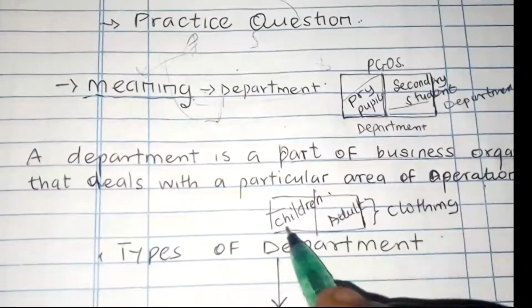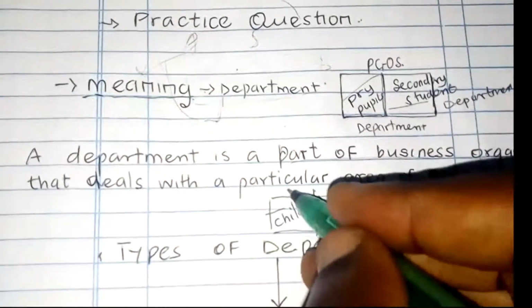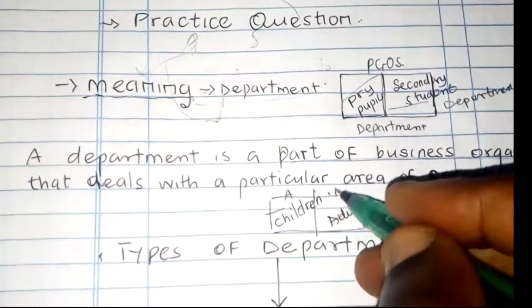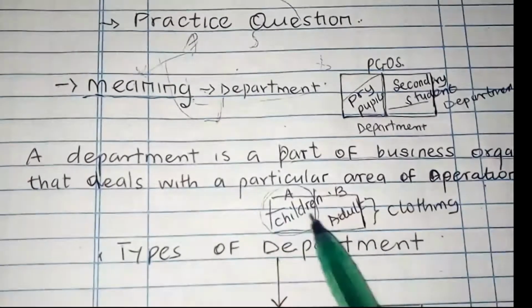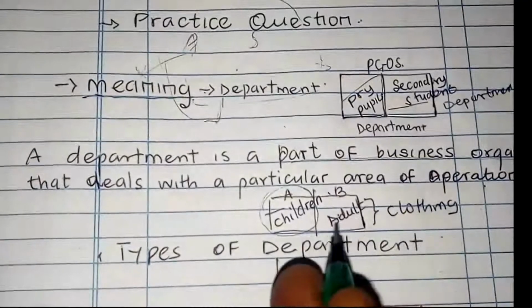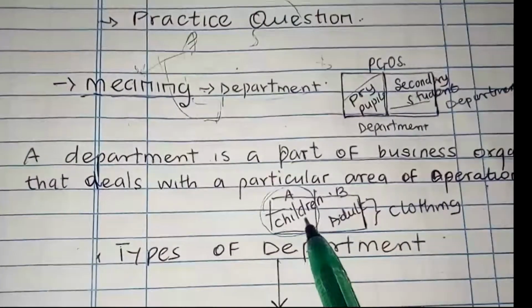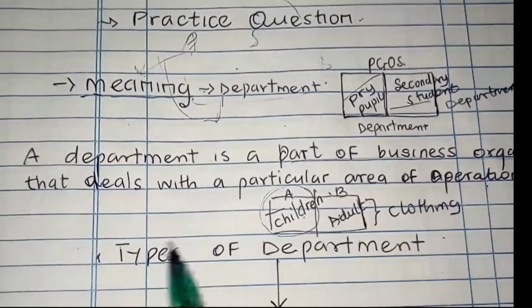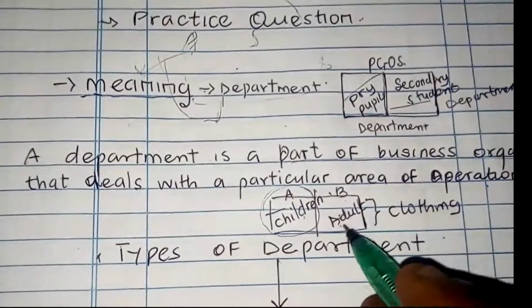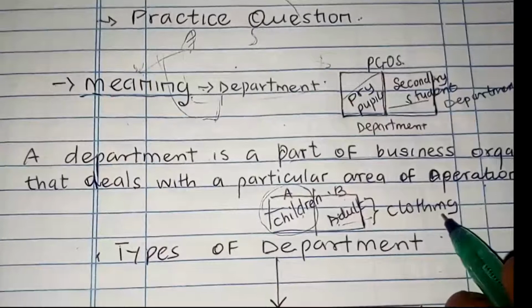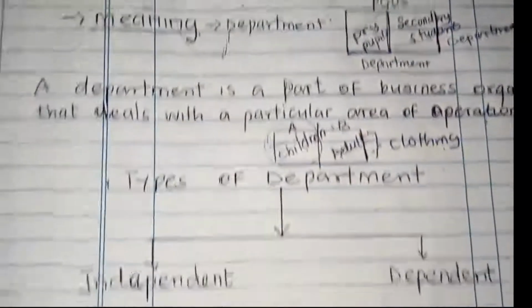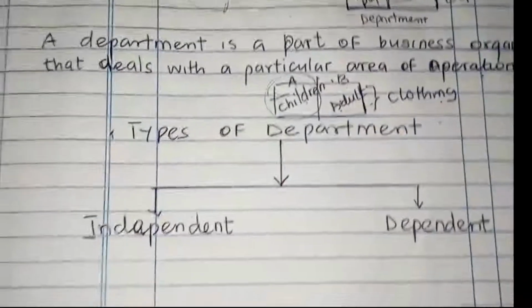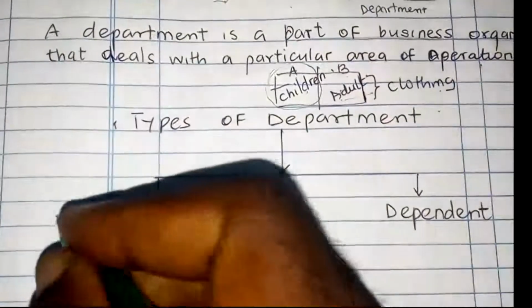A department that doesn't rely on other departments. The activity of, say, Department A is not affected by Department B. The activity of Department B is not affected by Department A. So they are independent on their own, and their activities are not affected by each other. That is an independent department.